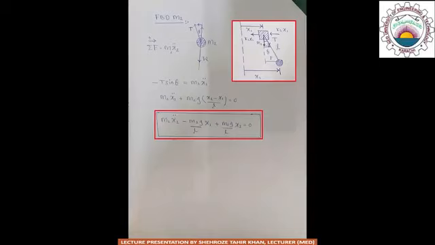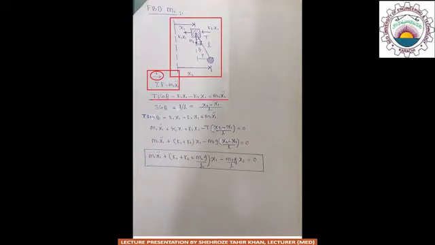So in the next step, we will consider the motion of mass m1 by drawing its free body diagram as shown in the figure. Therefore, by applying the conditions of equilibrium in the horizontal direction, we get summation F is equal to m1 x1 double dot, and here we are taking all the horizontal forces which are from left to right as positive.